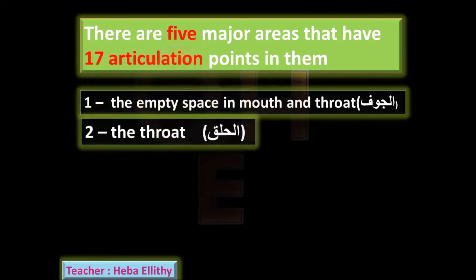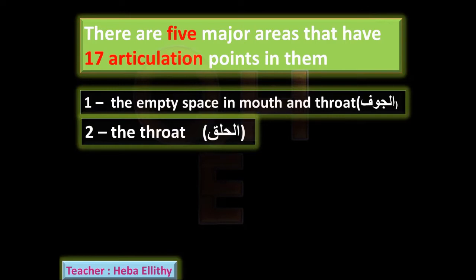Number 2, the second area is the throat, al-halq. We talked about it in our last classes, and we explained each articulation point and each place in this throat and how many letters come out from it.